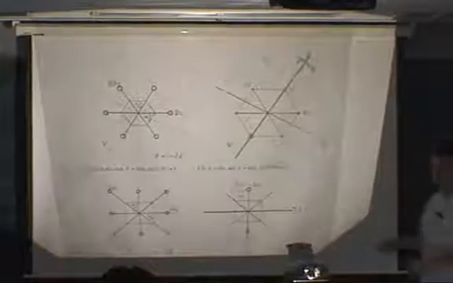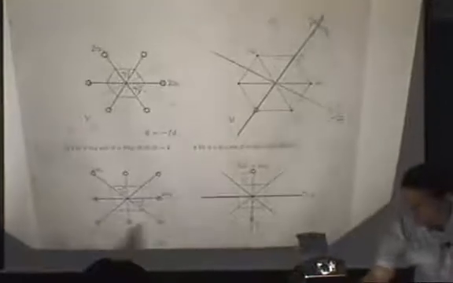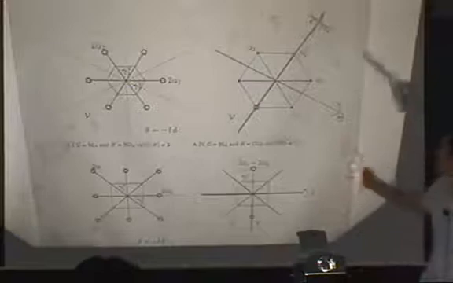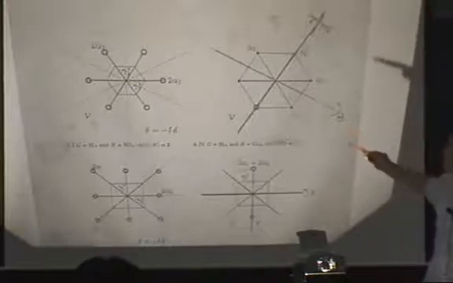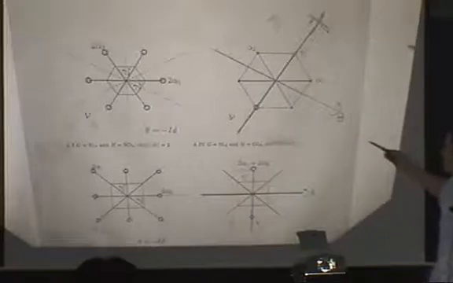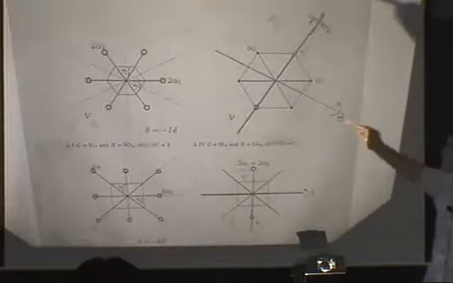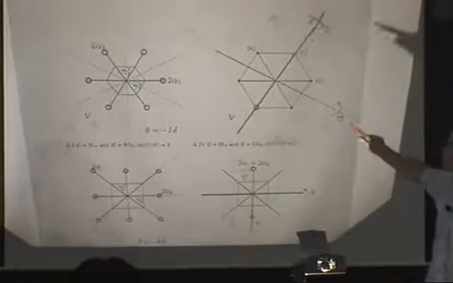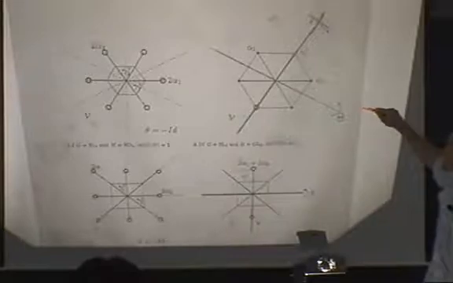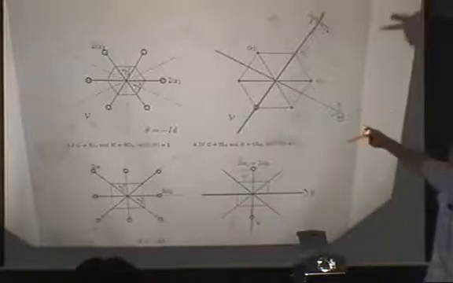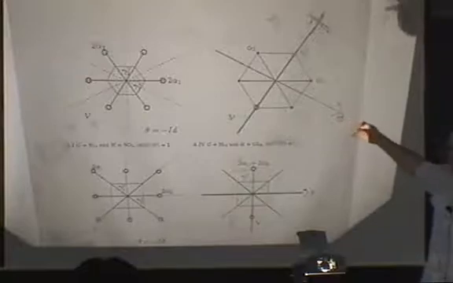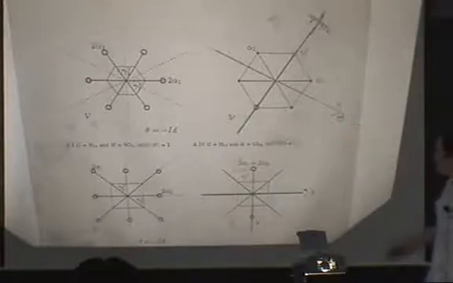And then, if we consider H to be SO3, then theta will act on the roots by minus identity. So it sends alpha to minus alpha. And then the restricted root system will be the system with the big circles. So 2 alpha 1 and 2 alpha 2 are the simple roots of the restricted root system.